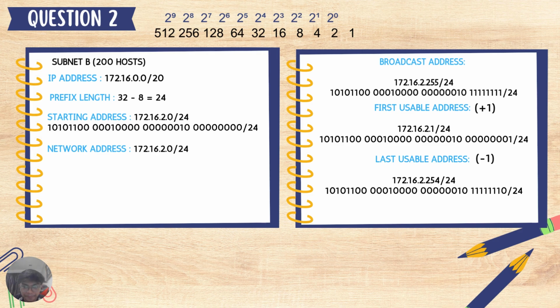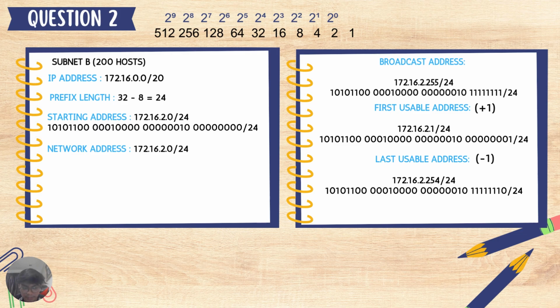Next is the broadcast address. First we take the network address, or the starting address, and we add 256, but the 256 needs to be reduced by 1, which is 255. So we add 255 to the address, and it becomes 172.16.2.255/24.